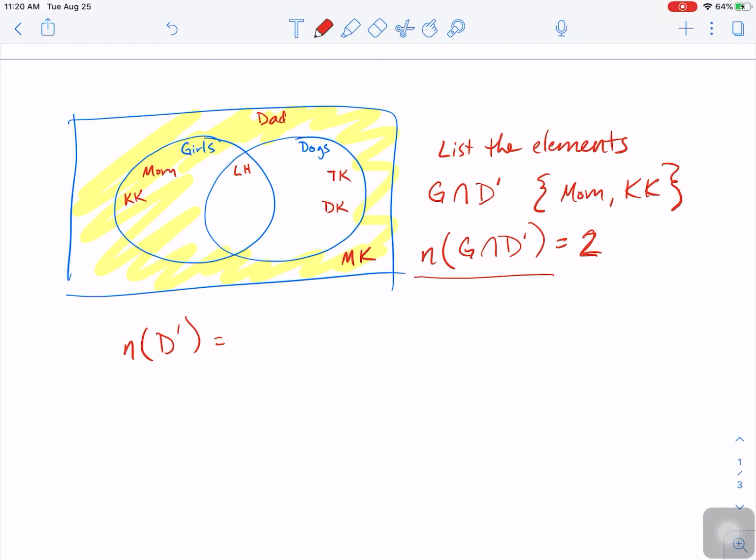We could have done chickens. My brother and my sister each have chickens. That's funny. So if I say not dogs, the number of people is, I'll highlight again, 1, 2, 3, 4. So the number of people that are not dogs would be 4. That's the difference here.